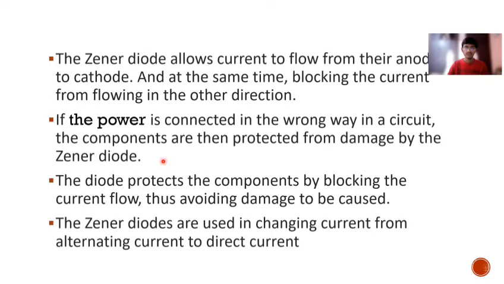In this way, the Zener diode can protect our components like LED. The diode protects the components by blocking the current flow, thus avoiding damage. Zener diodes are also used in changing alternating current to direct current, which means AC to DC.